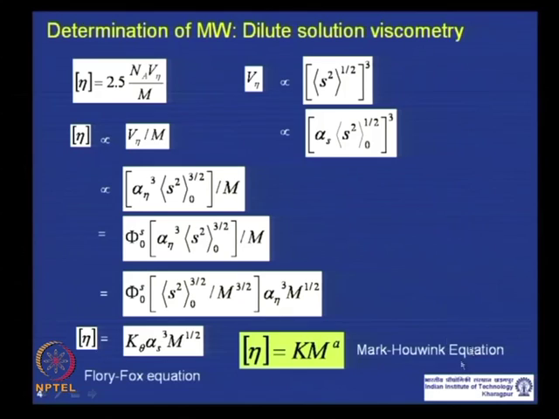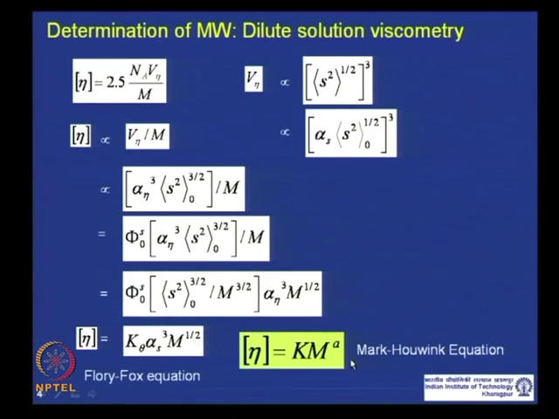This expression we got from the theoretical calculation which we just carried out, but before this theoretical expression was arrived at by Flory-Fox, Mark-Houwink had arrived at this expression semi-empirically, experimentally. So, this expression is known as the Mark-Houwink equation.